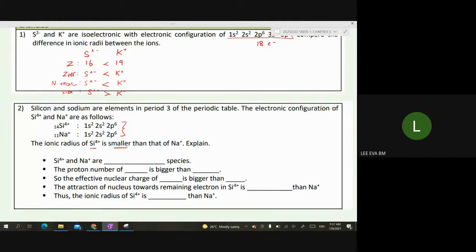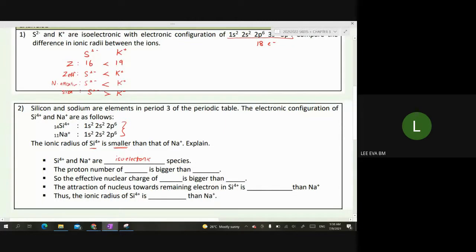So over here, fill in the blanks, you follow. Either you want to explain about Na+ or you want to focus on Si4+, you can freely choose to explain silicon or sodium. But because Madam has already given it over here, we explain over here. So Si4+ and Na+ are, what do you want to fill in the first blank here? Isoelectronic. Thank you very much. Isoelectronic species.